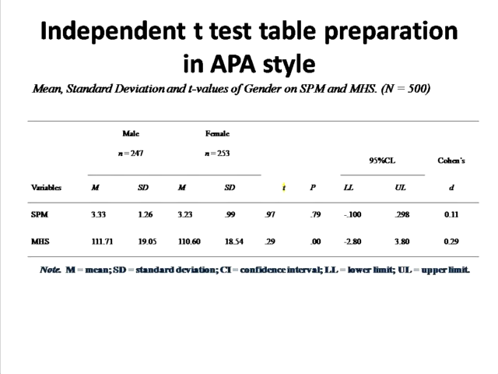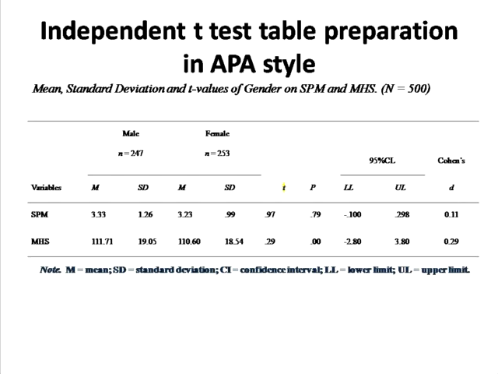We put it here for the Simple Progressive Matrix test, because each variable, this is the Simple Progressive Matrix test, and Mental Health Status, male and female. For the Simple Progressive Matrix test I take T from the second row and put it here, and MHS also from the second row, and put it here. P also from the second row.